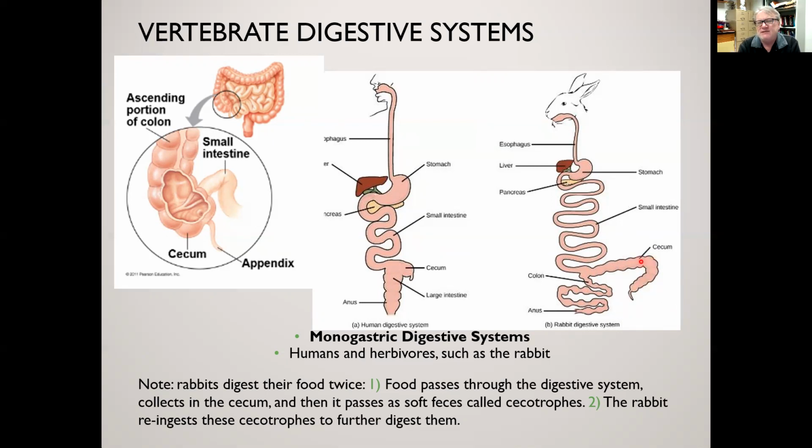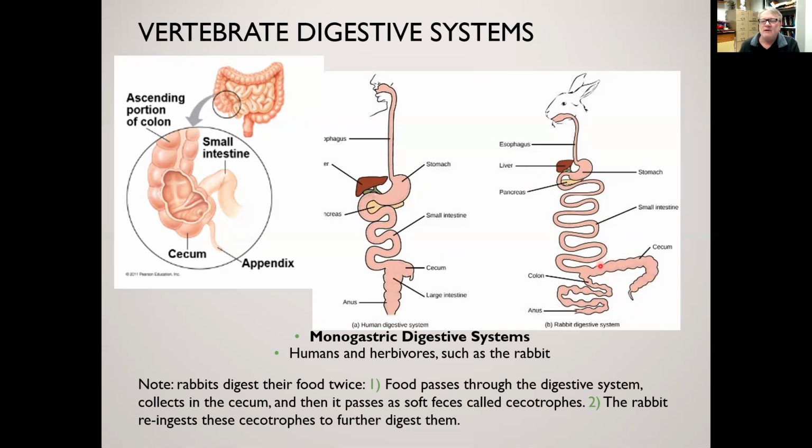And it's actually the bacteria that contain the enzymes that can break down the cellulose. And for a rabbit, they have another strategy: the cellulose will pass all the way through the small intestine. They extract as many nutrients as they can the first time through, and then they send the food to the cecum where it sits and essentially ferments for a while.